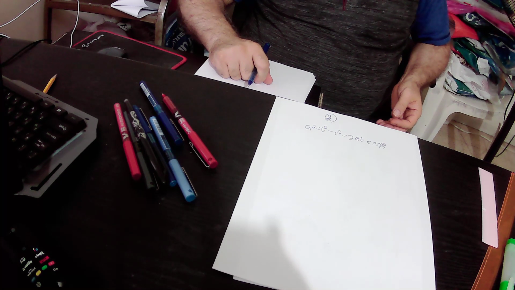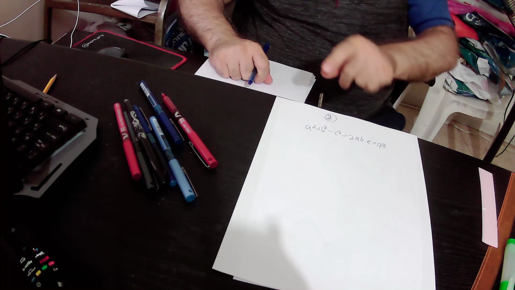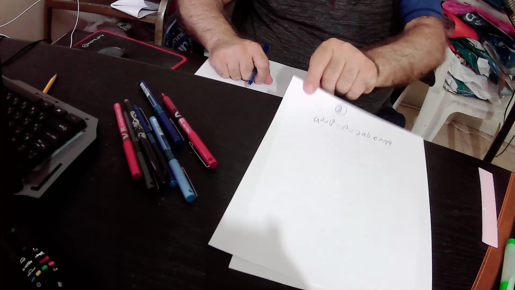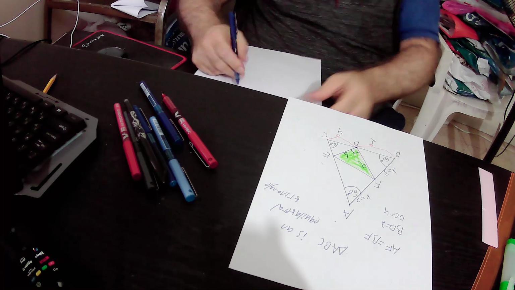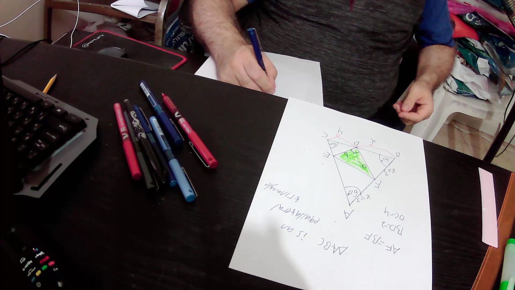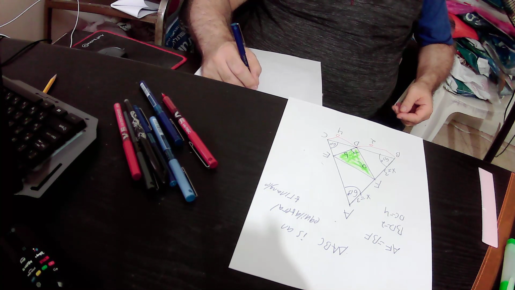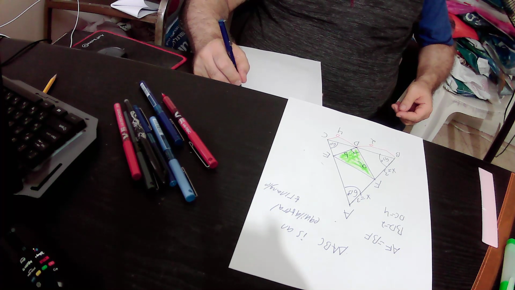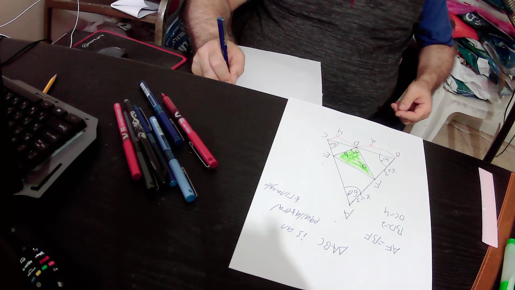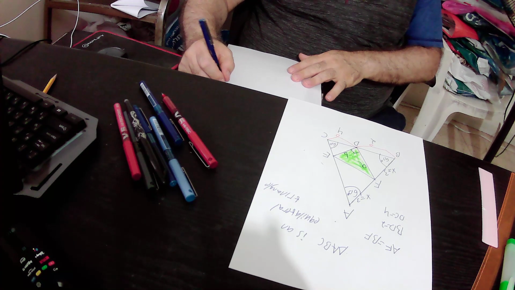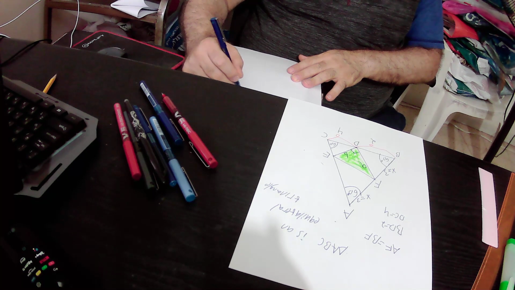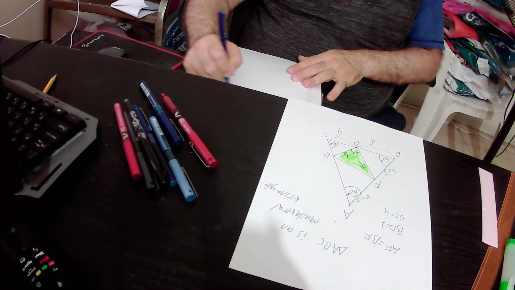Now we will divide this equality by 2 times ab and we will get that cosine theta equals a square plus b square minus c square over 2 times ab.